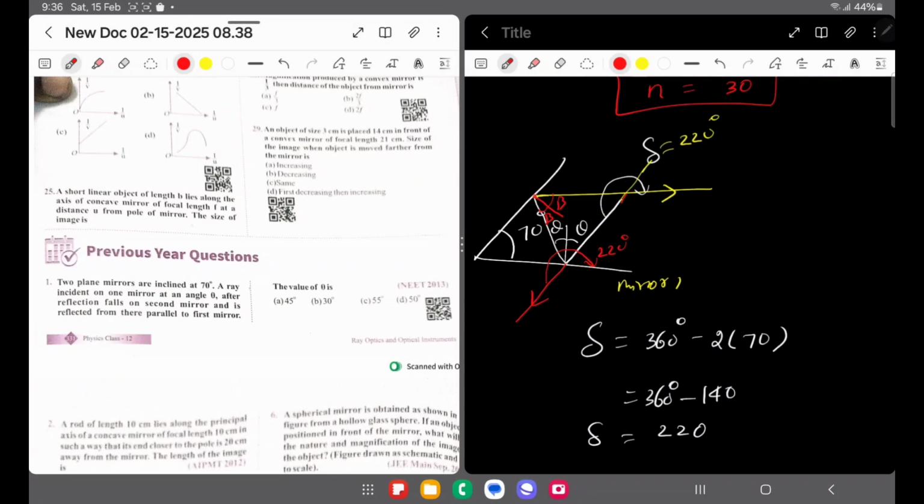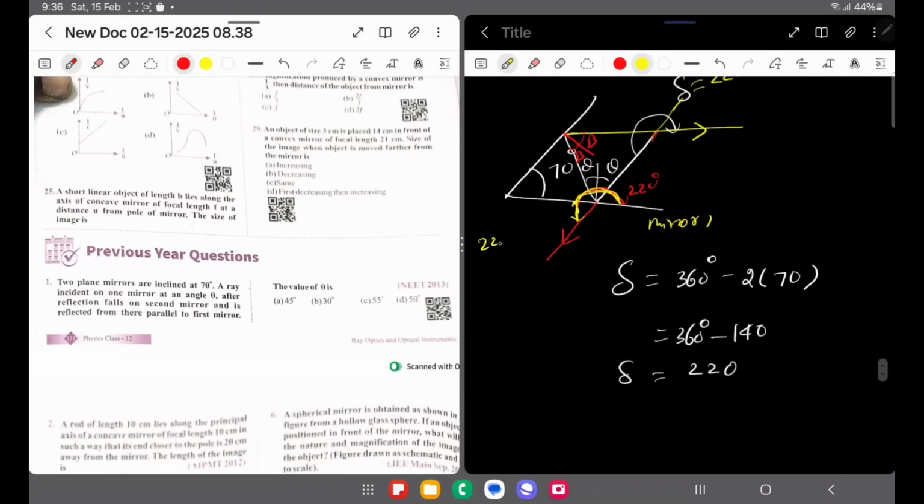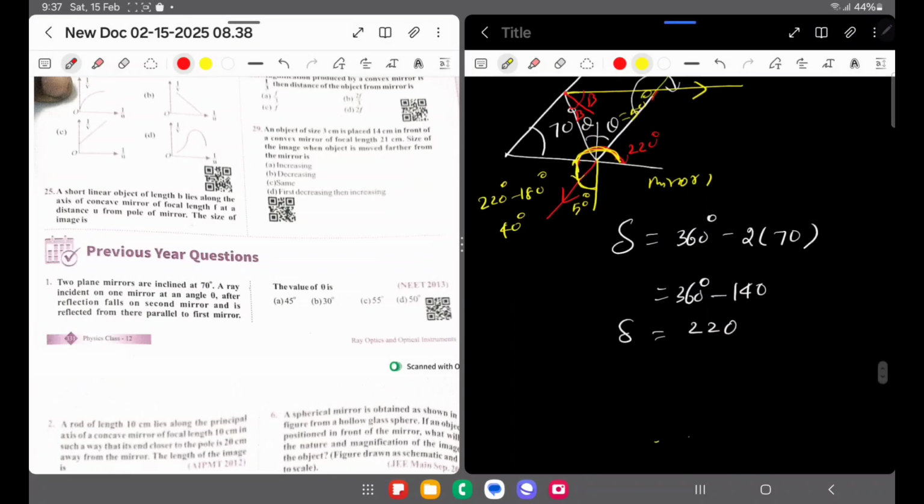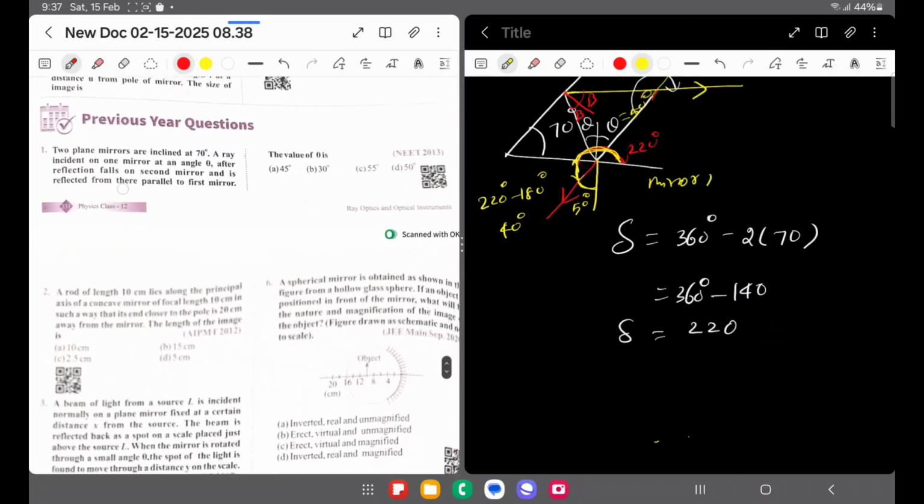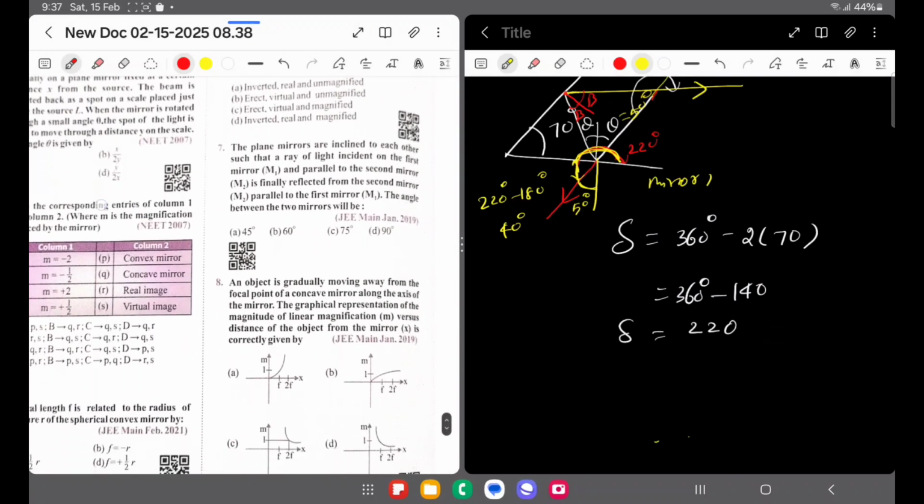The angle between them is the deviation angle. If you subtract 180 from this 220, you get the remaining angle. So this angle is 220 minus 180, which is 40 degrees. If this angle is 40, then this should be 50 degrees. If this angle is 50, then alternate angles are equal, so theta is also 50 degrees. So we got the answer. Now look at the 7th question.